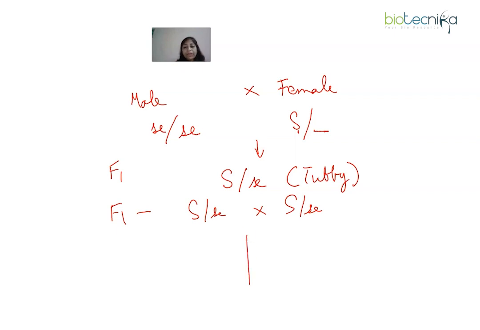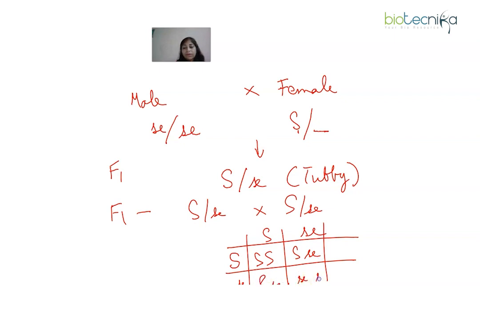Now very easily, you can make the Punnett square here. This produces two alleles, this produces two alleles. Now what is their proportion? Capital S, capital S will be 1 by 4, capital S s-e will be 2 by 4, and s-e s-e will be 1 by 4.